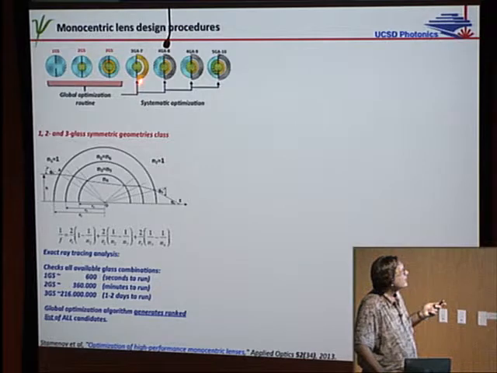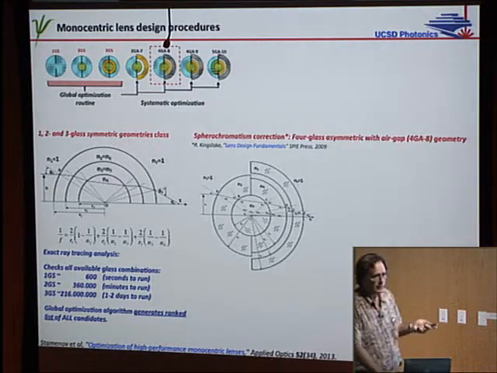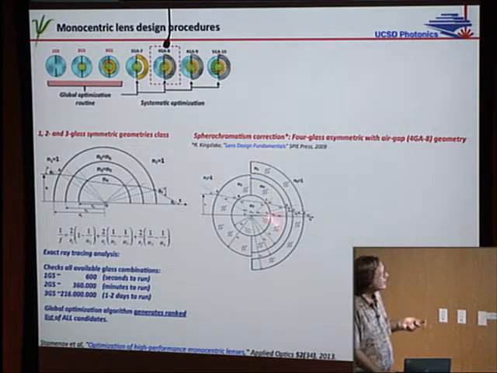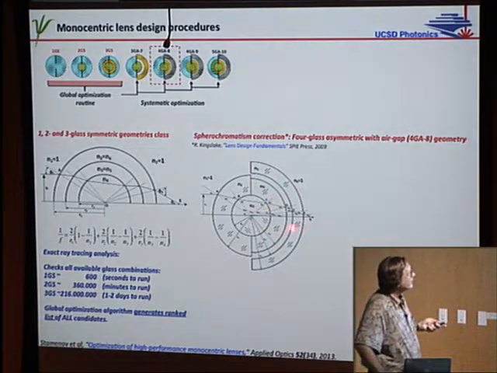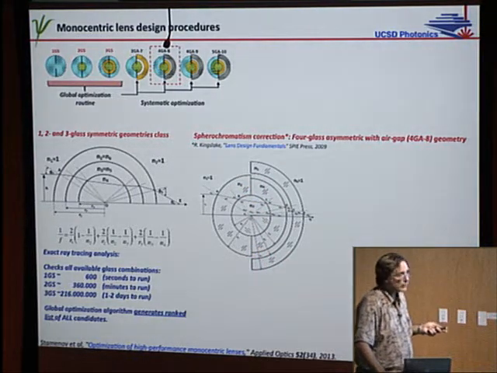Then we introduced lens splitting and changes of the number of degrees of freedom to introduce the ability to compensate specifically and primarily for spherochromatism, which is the primary residual aberration here. So by splitting this and following Kingslake, as is always a good idea, we end up with a lens that can be higher performance at a longer focal length or over a larger spectral range.